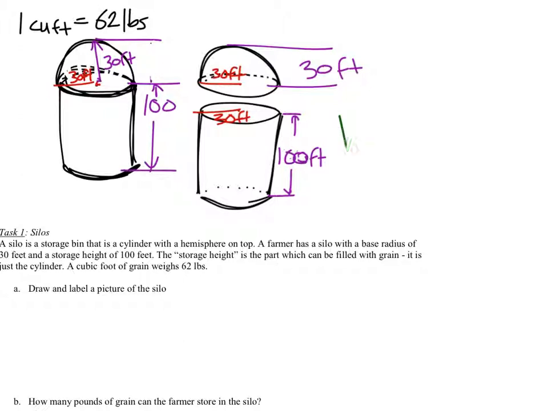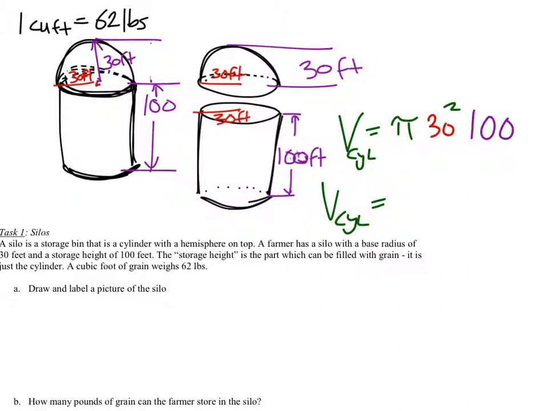So the volume, specifically of the cylinder, will be pi r squared times the height. And we have the height at 100 foot. And the radius was given as 30 foot. So to find the volume of the cylinder, we're just going to multiply those out.